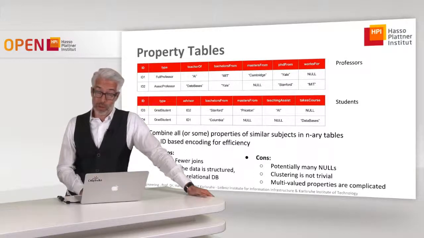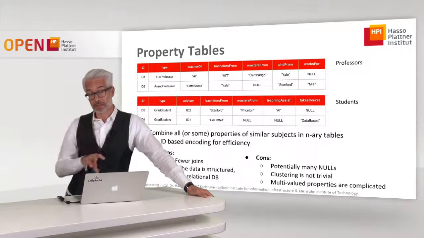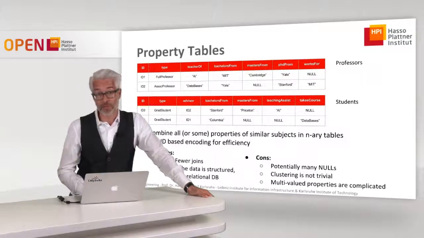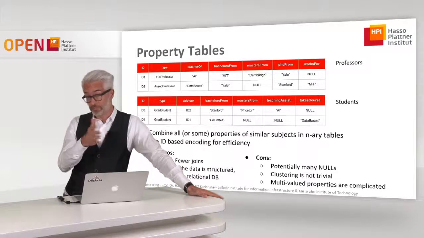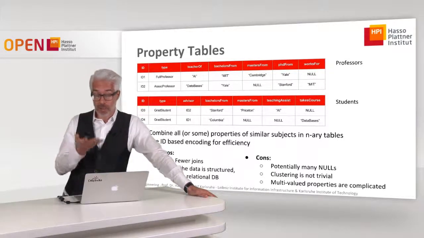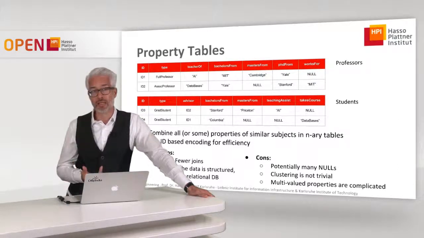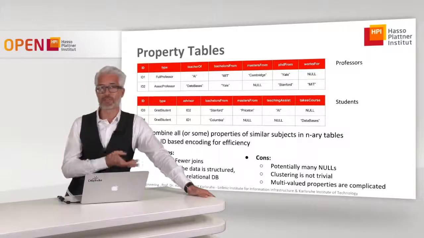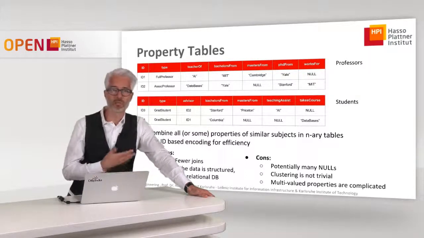So what else could you do? Usually, of course, many of the triples that you store in your table probably belong to the same class. Therefore, they have identical, or let's say similar, properties. Here in our table, for example, we had professors and we had students. And of course, the professors have several properties in common, and also the students have several properties in common.